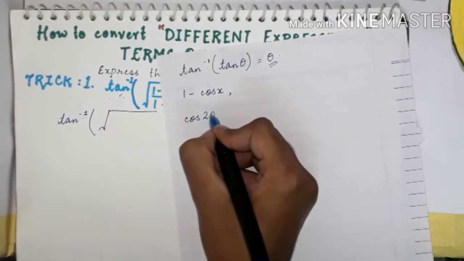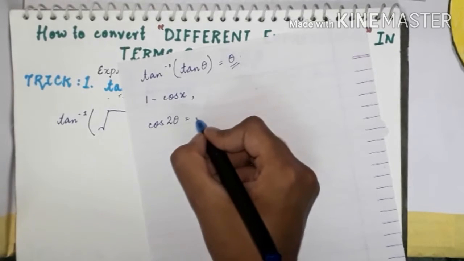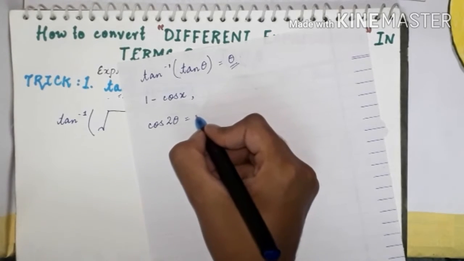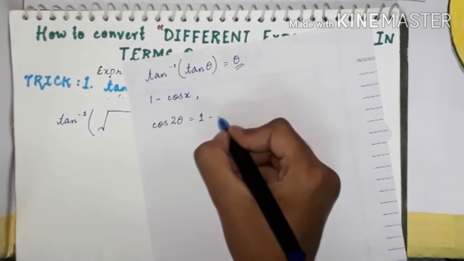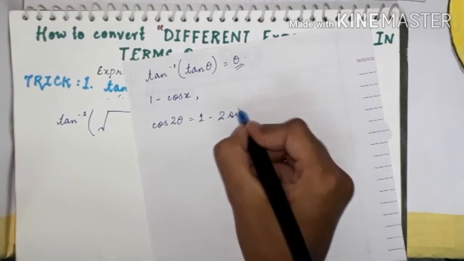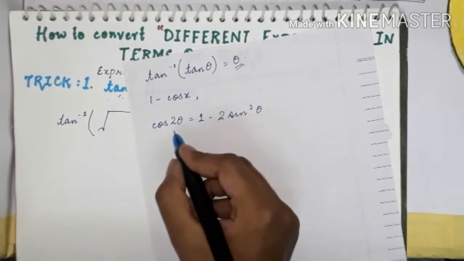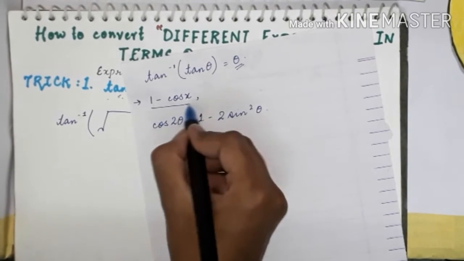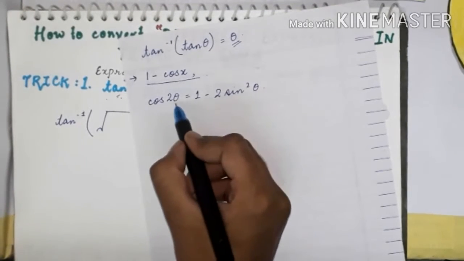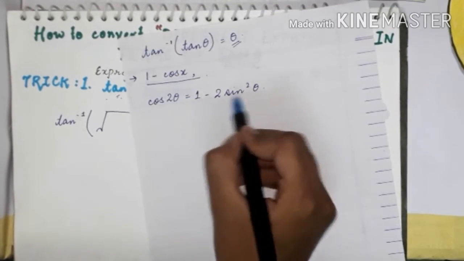See, cos 2 theta is equal to 1 minus 2 sine square theta. This is the formula of cos 2 theta. So when you get 1 minus cos x, the formula of cos 2 theta that you have to use is this one.